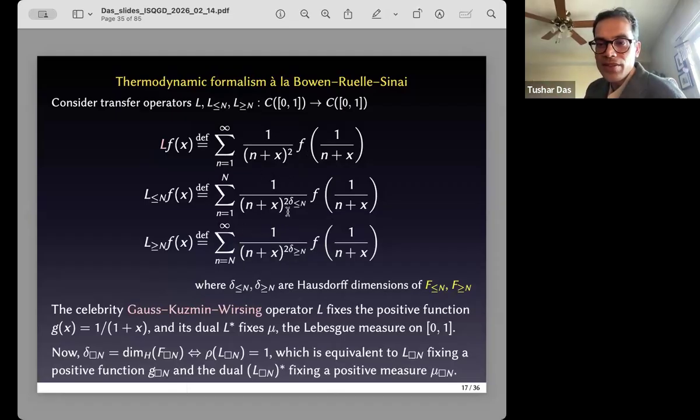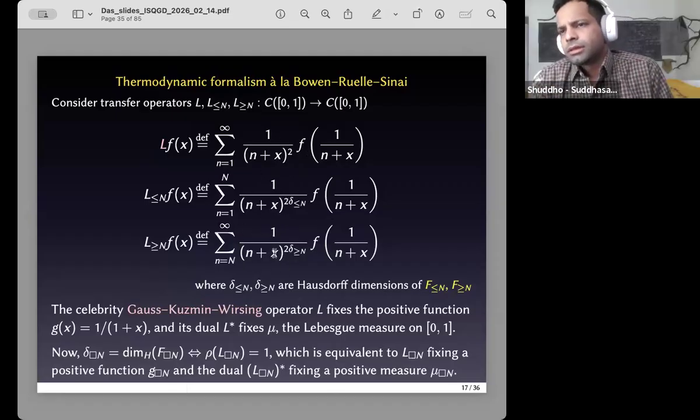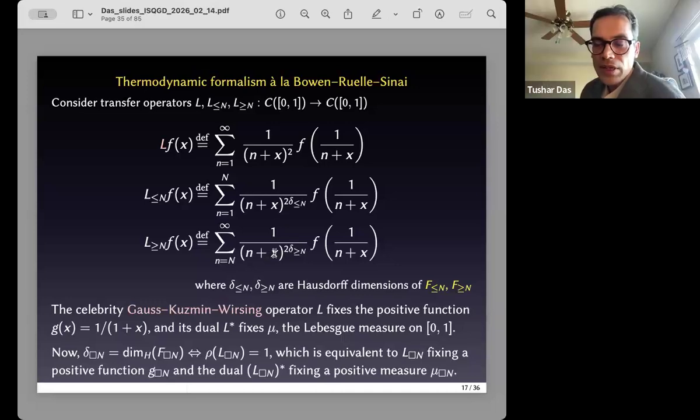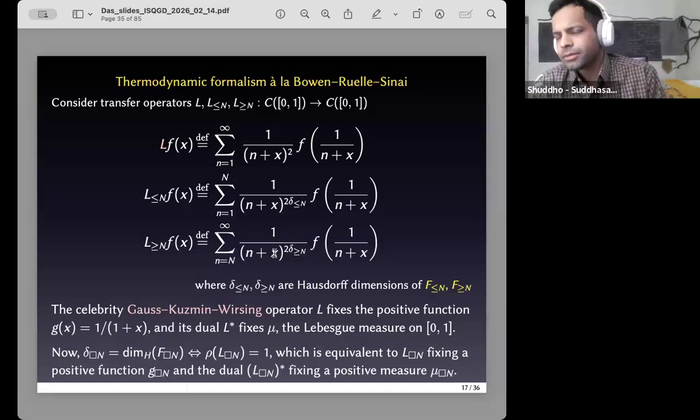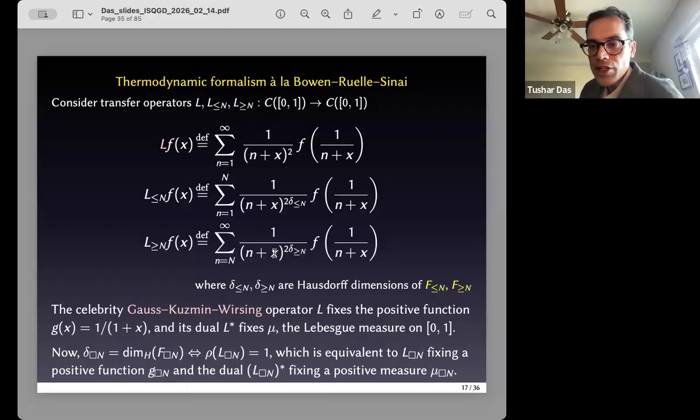You can think of them as the potentials, and it's often called a geometric potential. If you look at any of the books of Mario Shurbansky, for example, or Yakov Pesin on dimension theory of dynamical systems, this is often called a geometric potential because it allows you to get a handle on the Hausdorff dimension of the limit set.